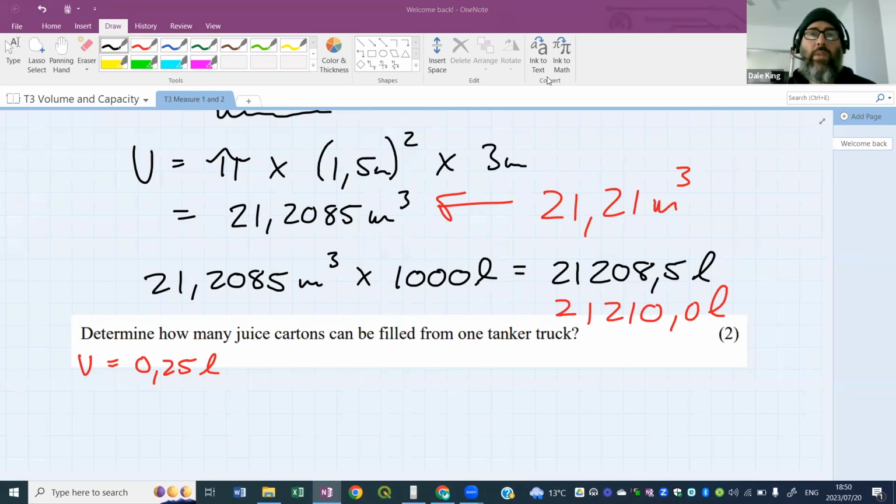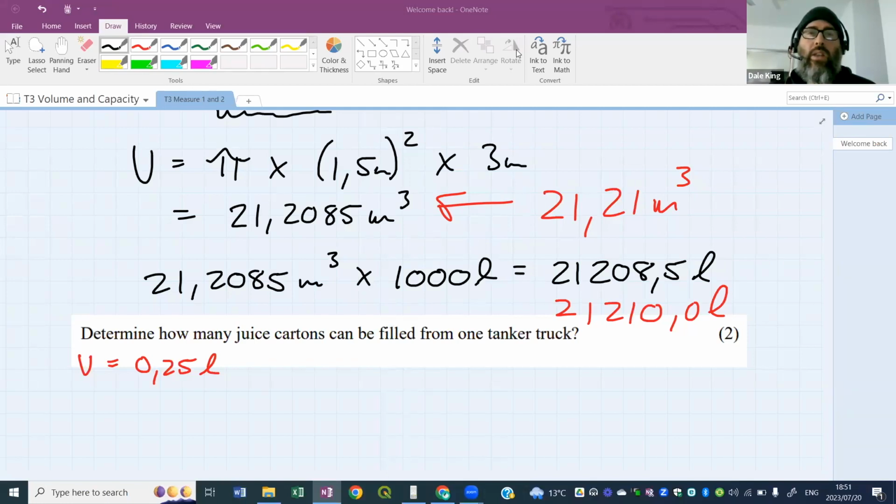All right, good job, Ben. What answer did you get, Ben? Let's put it in chat there for me. 84. We need to check on that, Ben, because the tanker can hold 21,208.5 liters of juice, and our juice cartons each hold a quarter of a liter.